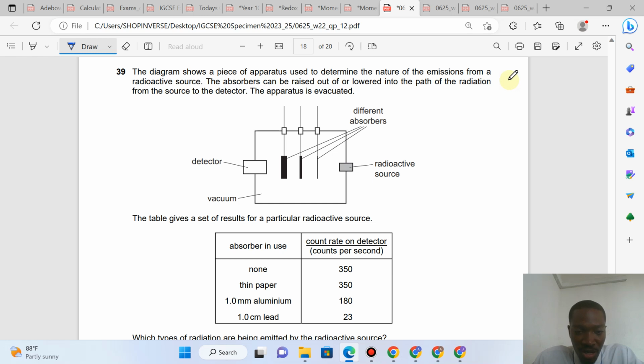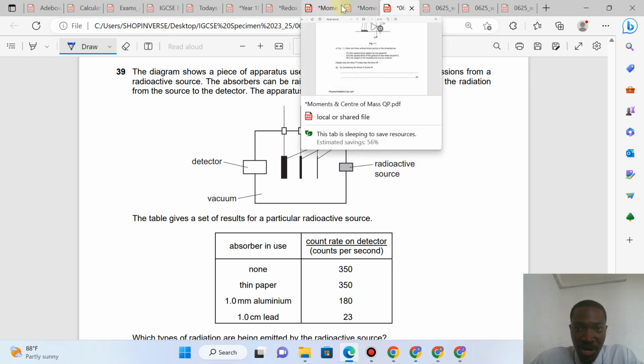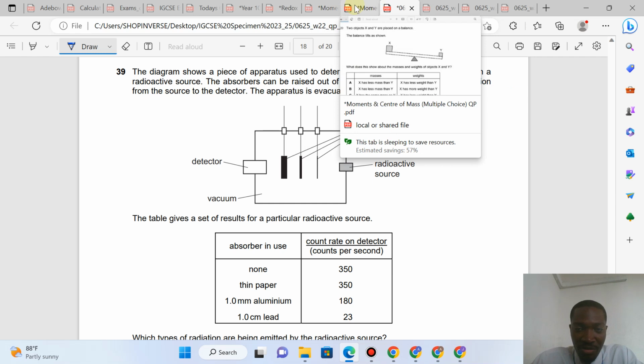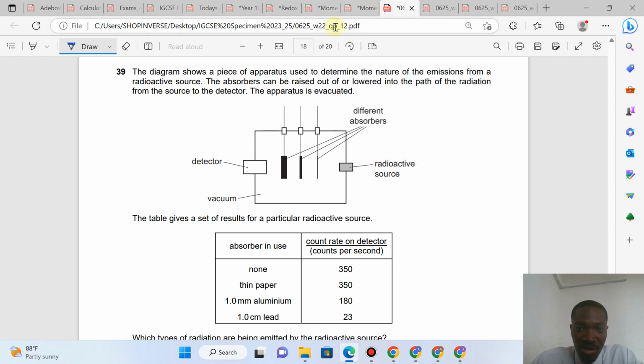The table gives a set of results for a particular radioactive source. Absorber in use, then count rate. When no absorber is used, we have count rate is 350. When tin paper is used as the absorber, we have count rate as 350. When 1.0 millimeter aluminum, we have count rate of 180. When we have 1 centimeter lead, count rate is 23.